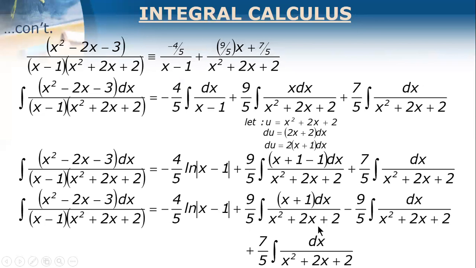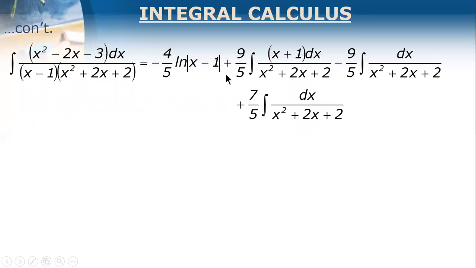The next problem is the third term. The third and the fourth term can be combined. You have minus 9 over 5 plus 7 over 5. It will just result in negative 2/5. But our problem is the denominator. In the denominator, x squared plus 2x plus 2, how are we going to simplify or modify this one?